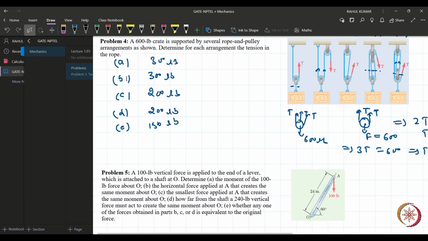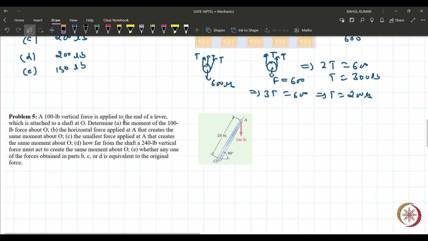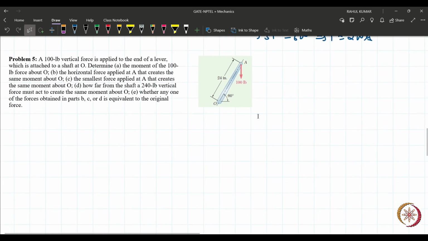Now let's solve one problem. Try this problem number 5. Are you guys with me? Yes, sir. Try to solve problem number 5. 1200 Newton per meter.